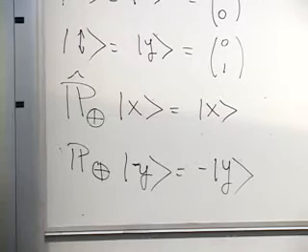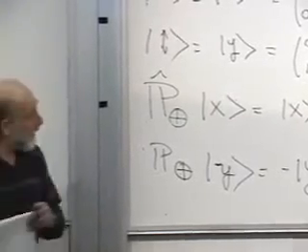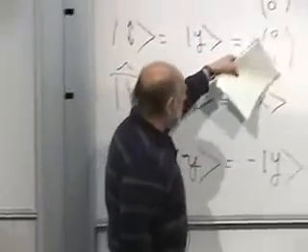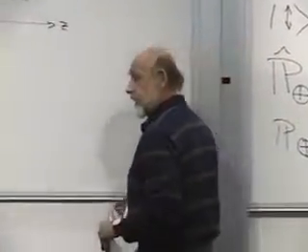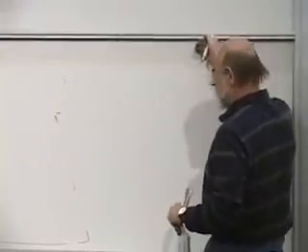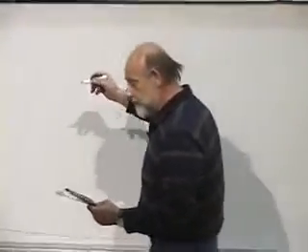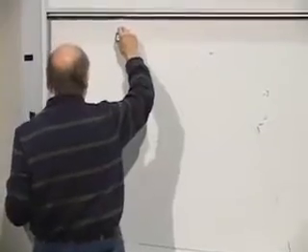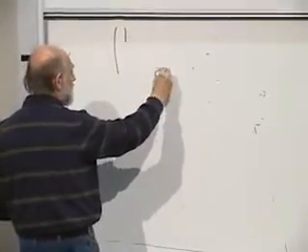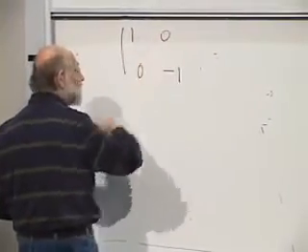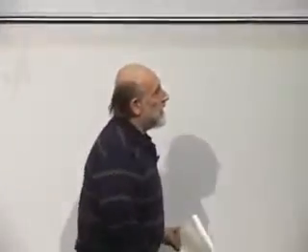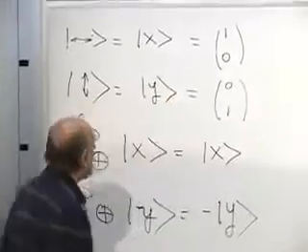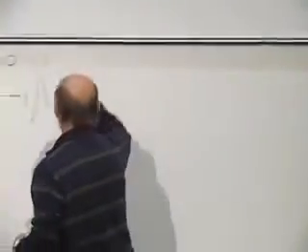Let's represent it as a matrix. If we represent the vector space as column vectors, we can represent the polarization as a matrix. Here's the matrix representation of it. It's very simple. It's just the matrix 1, 0, 0, -1. Let's check it. The x polarization is represented by 1, 0.